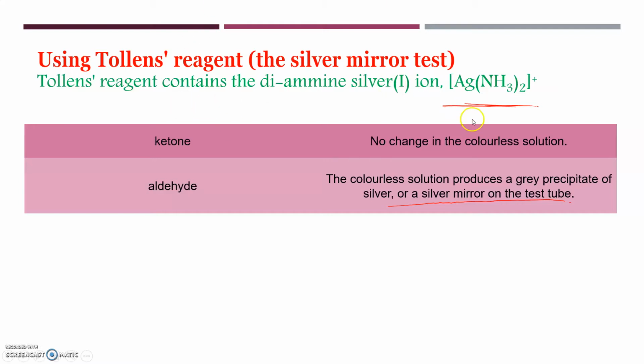And in Tollens reagent, again, for ketones there is no change, and this time we're using the diamine silver ion. The colorless solution for aldehydes changes, right? The silver is precipitated, making a silver mirror, and that's why they call it the silver mirror test.